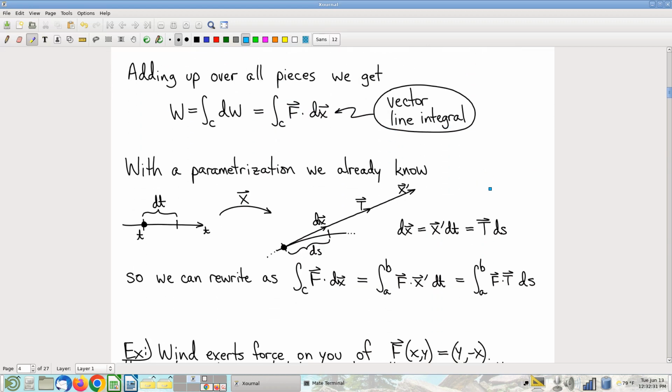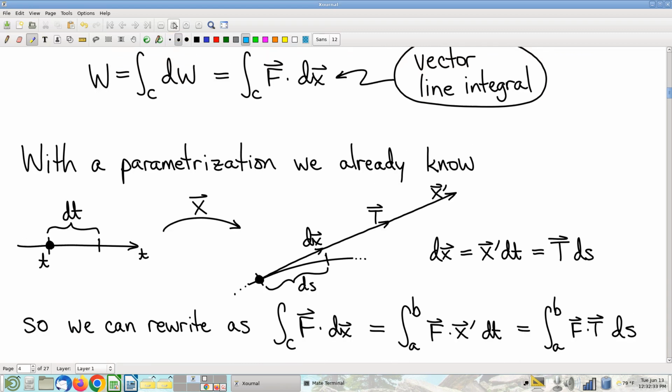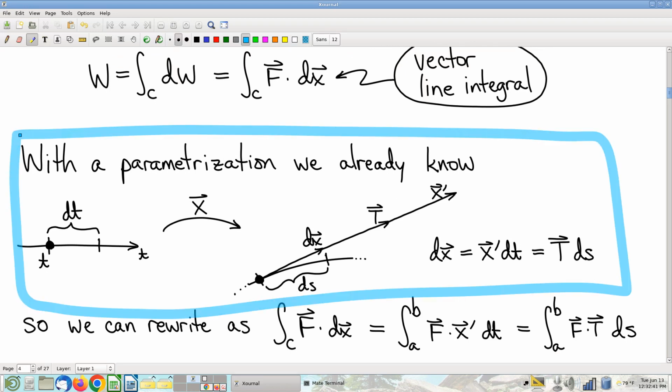So I'm going to pick up here and talk about different ways to write vector line integrals. And it has to do with some stuff that we've already established. Now this dates back to chapter 3. You may recall we talked about if you have a parametric curve, you can talk about the velocity. And once you know the velocity, that tells you what direction the curve is going, at least your parameterization of the curve is going.